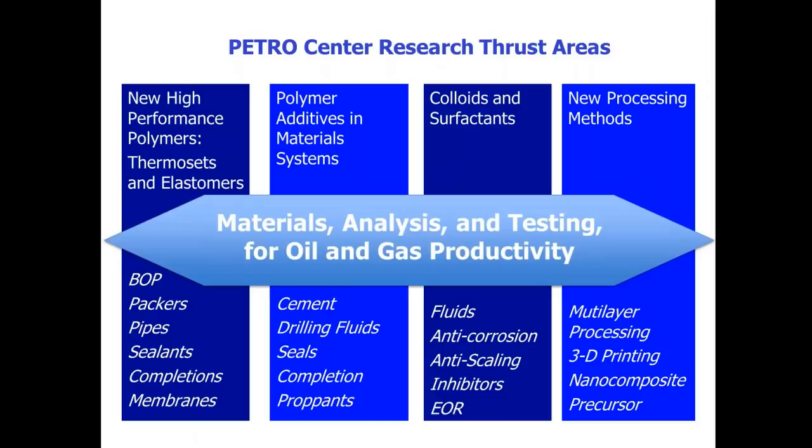Another aspect is that we're interested in new processing methods such as 3D printing to improve performance and rapid prototyping, as well as facing the challenges of manufacturing tools, in particular non-metallics or polymer-based components, for the industry.